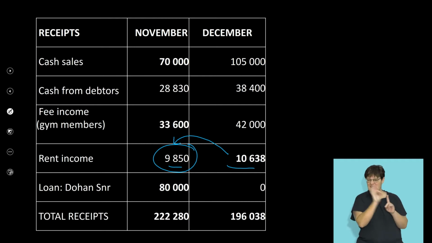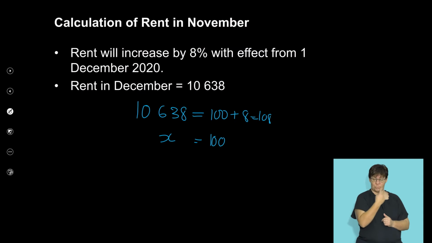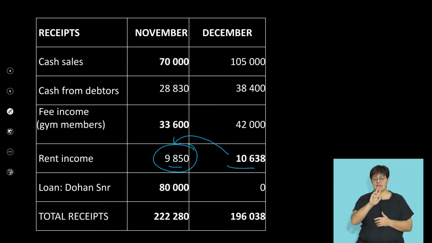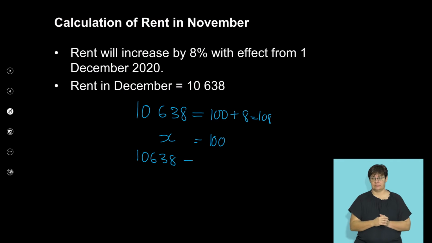Let's write this down so you can see exactly how we went about doing it. We said, firstly, take your new rental, which was 10,638, right? Minus the old rental. Remember, we calculated it to be 9850.